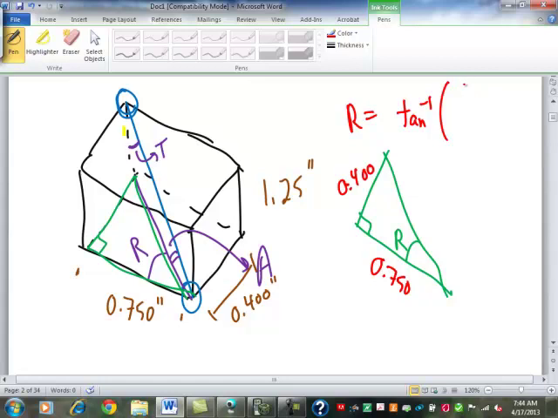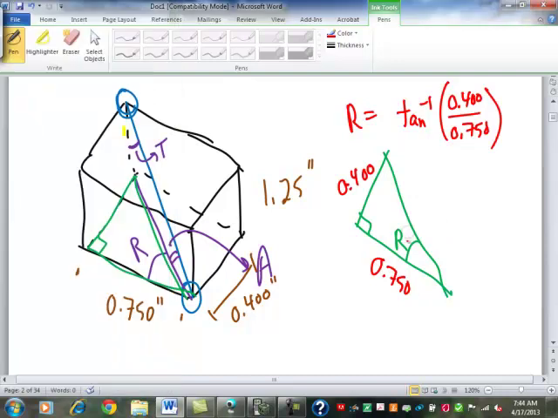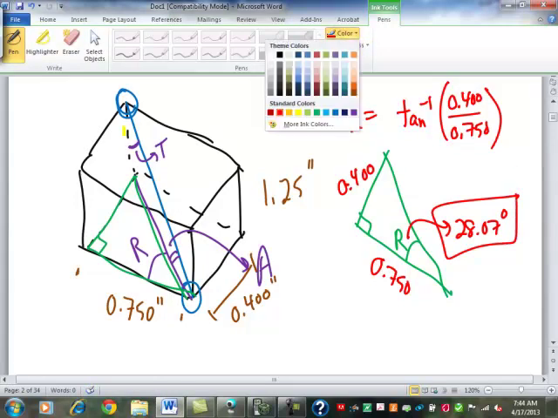What's the opposite side? The 0.4. The adjacent side is 0.75. So inverse tangent of 0.4 divided by 0.75 gives us 28.07 degrees. So that's my angle of rotation.